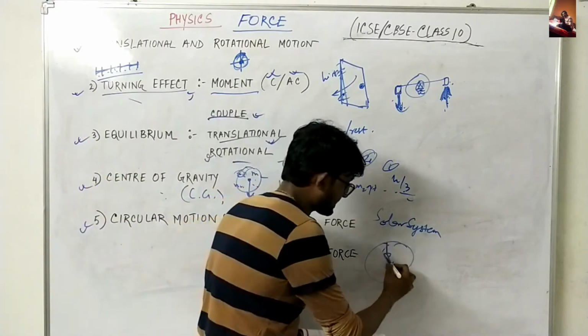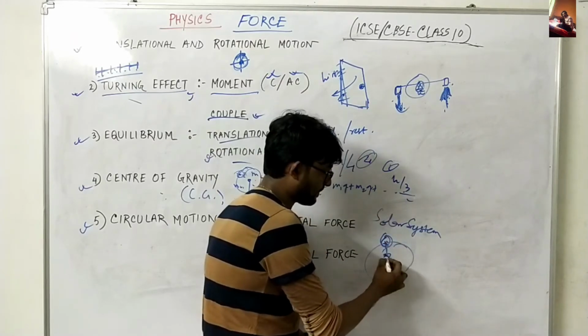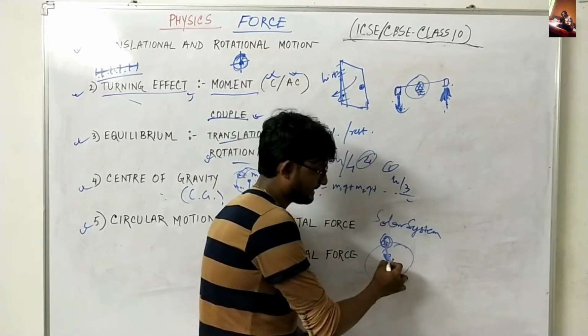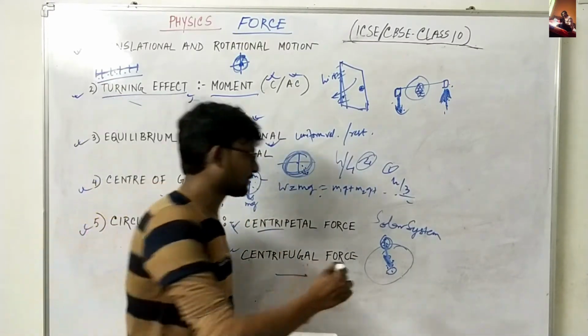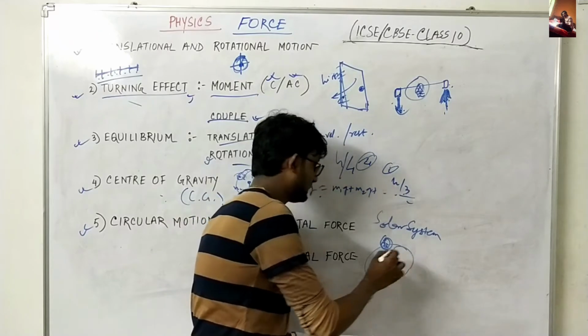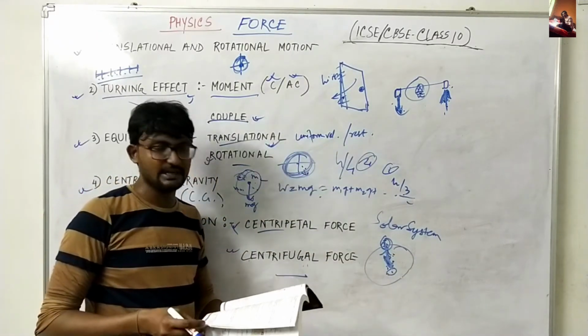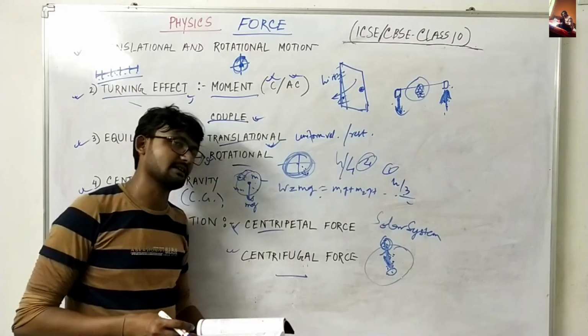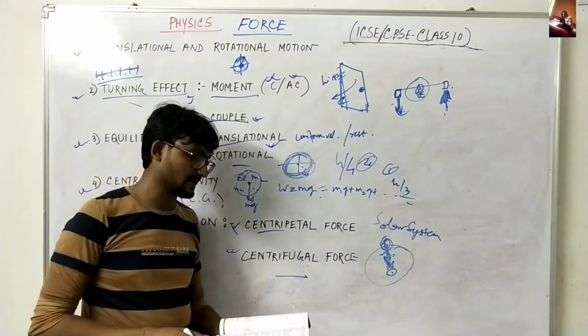If this is the earth and this is the sun, it always acts along the radius towards the center. So this is centripetal force. The opposite force is the centrifugal force, an imaginary force due to the effects of inertia, again Newton's law, the opposite force being acted upon.